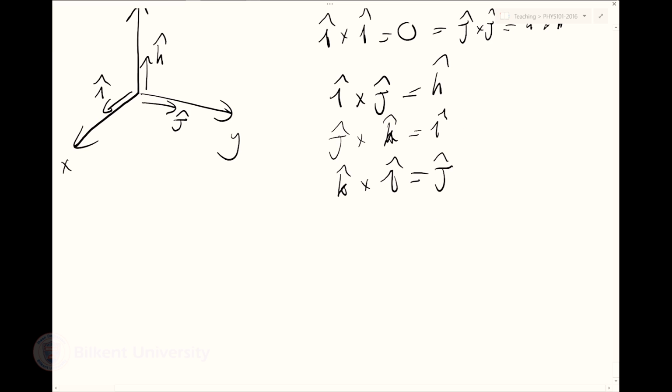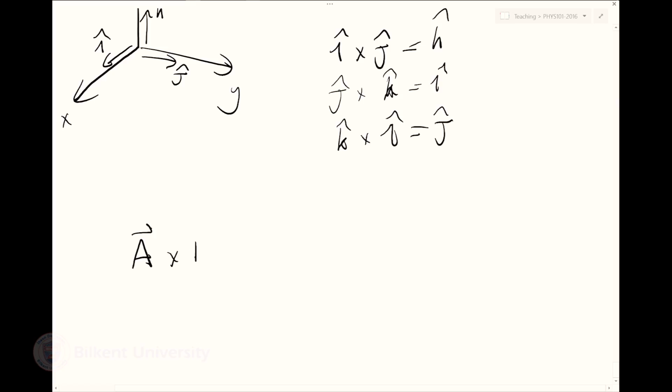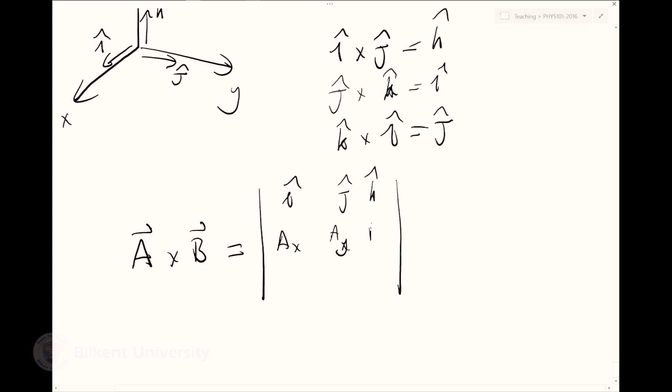And using these relations, you can actually find, I'm not going to prove it here, but if I have A cross B, in terms of components, I can actually calculate them by writing down I hat, J hat, K hat with AX, AY, AZ, BX, BY, BZ, and calculating the determinant of this.